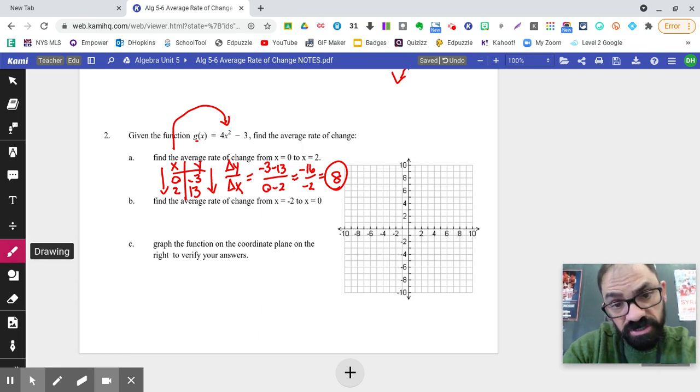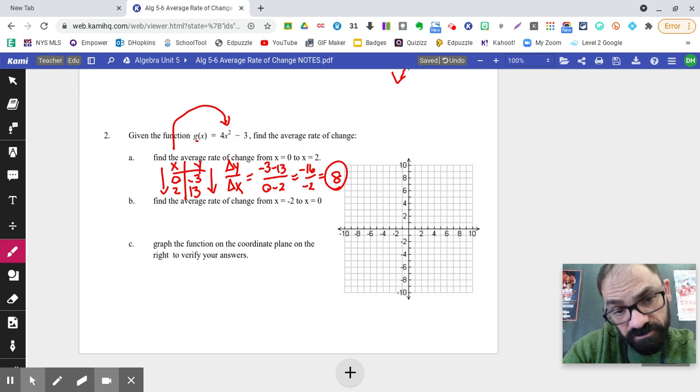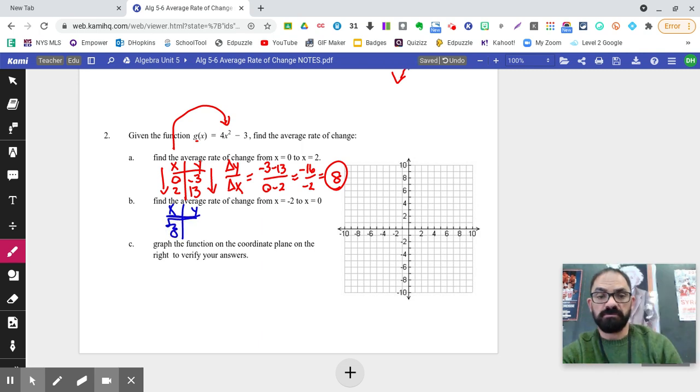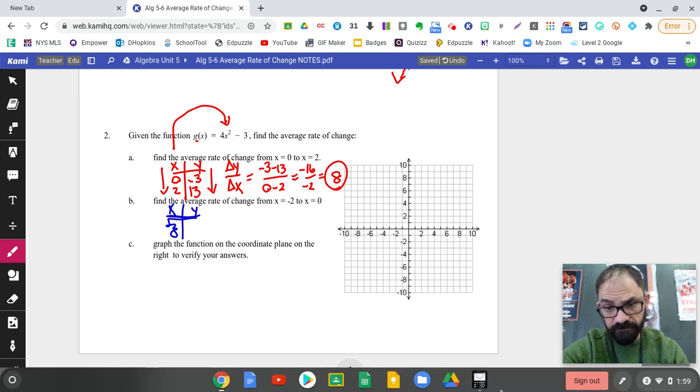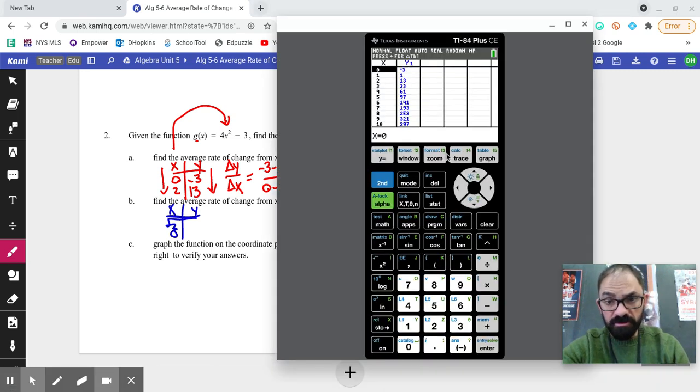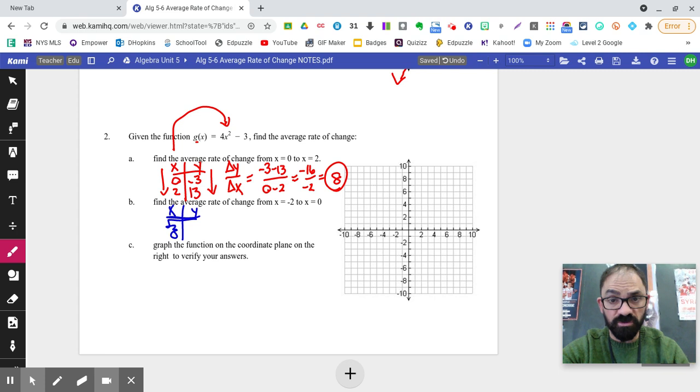So find the average rate of change from x equals negative 2 to 0. That's x equals negative 2 and 0. I'm sorry, my computer froze there. But we're back. To get to negative 2, I have to arrow up on my table. So that is 13, and 0 is negative 3.